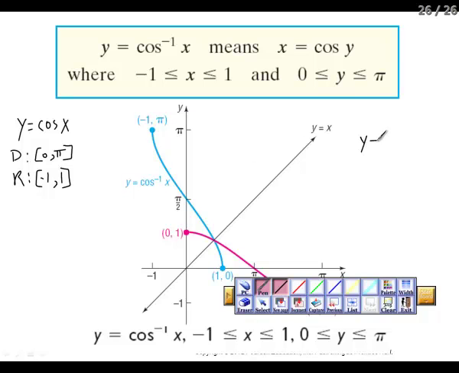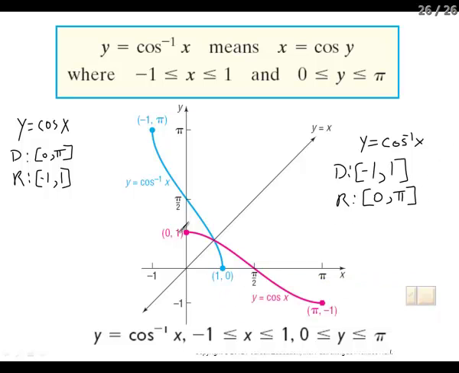And for y equals inverse cosine, what was the range for cosine is now the domain for inverse cosine, so that'd be -1 to +1, and what was the domain for cosine is now the range for inverse cosine, so that'd be from 0 to pi.